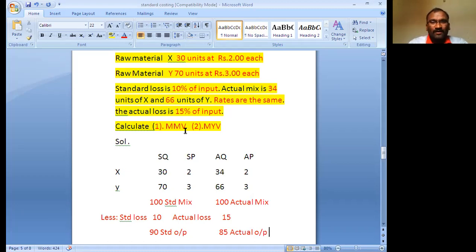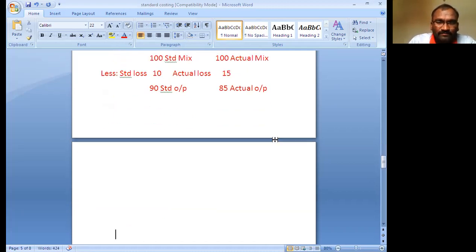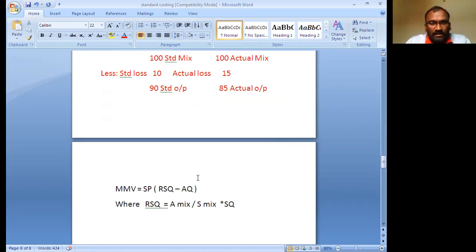First, we are calculating the material mix variance. In the material mix variance formula, it is standard price into revised standard quantity minus actual quantity. First you calculate the revised standard quantity.